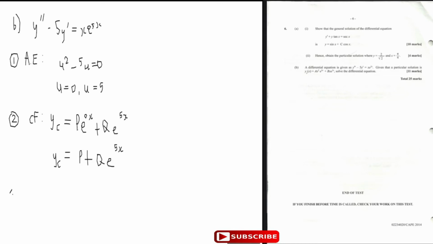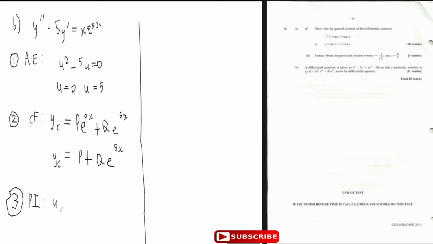Now, step 3 is to find the particular integral. Let's do that on a fresh page. Generally people call it yp.